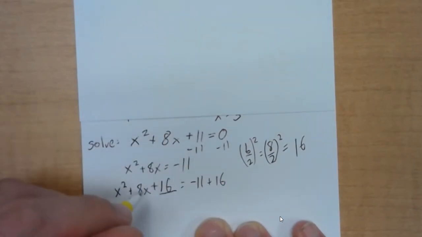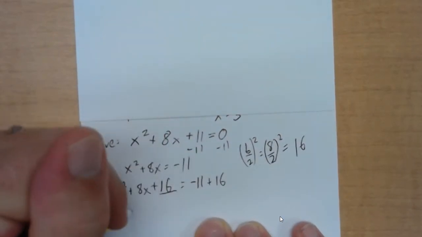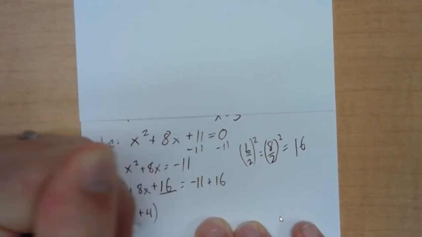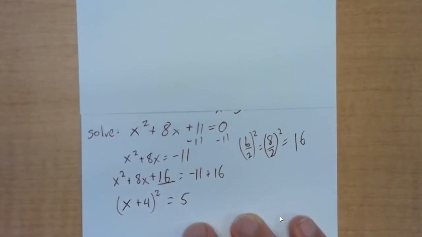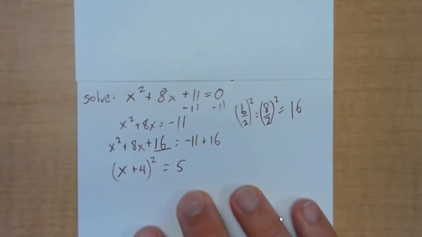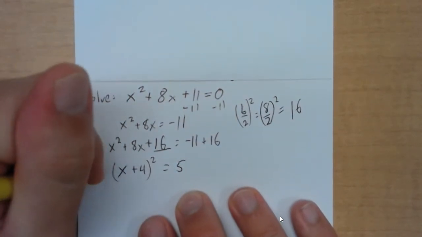Now this is ready to be factored into its perfect square. Quantity of x plus 4 squared equals 5. So that's the completing the square aspect of it. Once we do that, we take the square root.